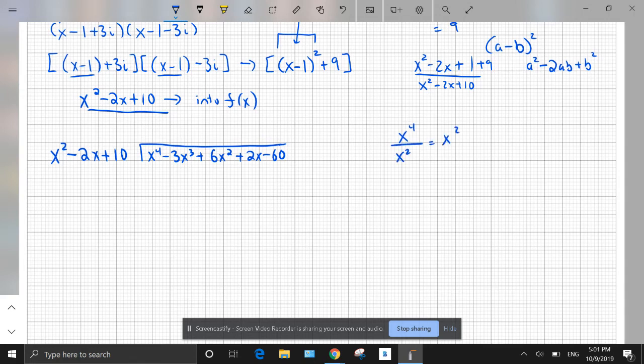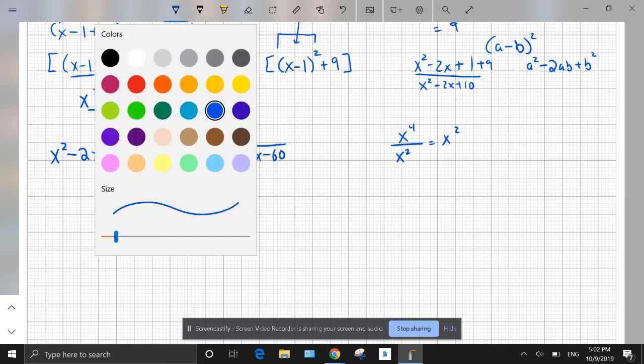So here we get x squared. I line it up with our x squared. Go ahead and multiply. So here I have x to the fourth, here I have minus 2x cubed, and here I have plus 10x squared. And remember that once we put the parentheses, we're going to change the sign.